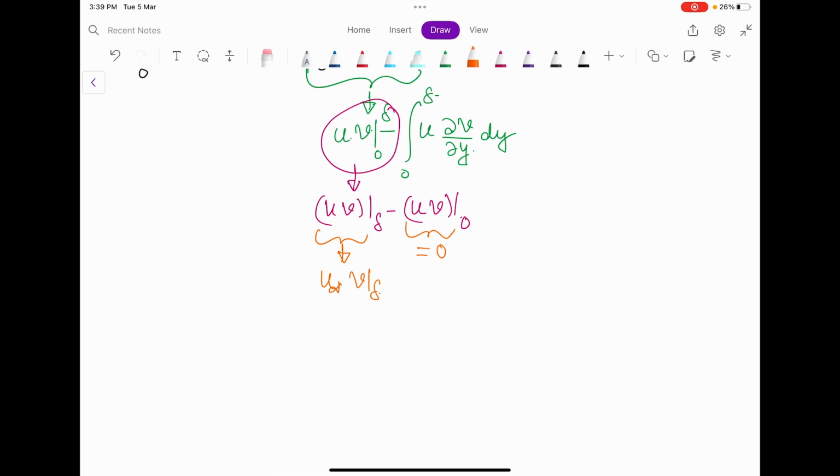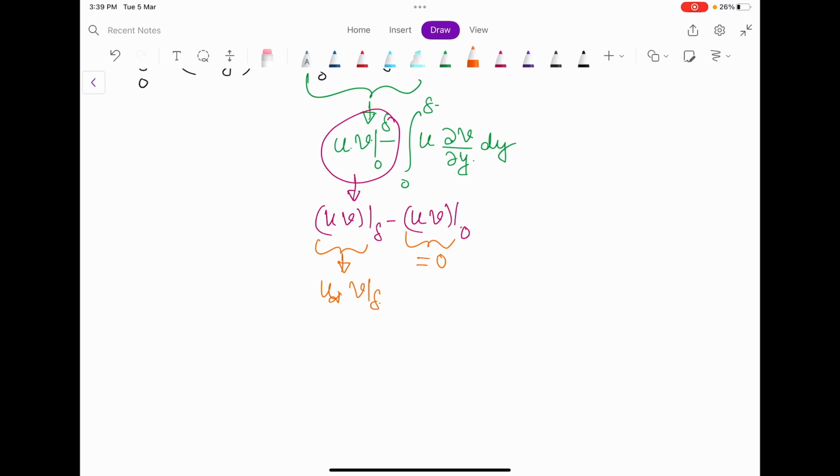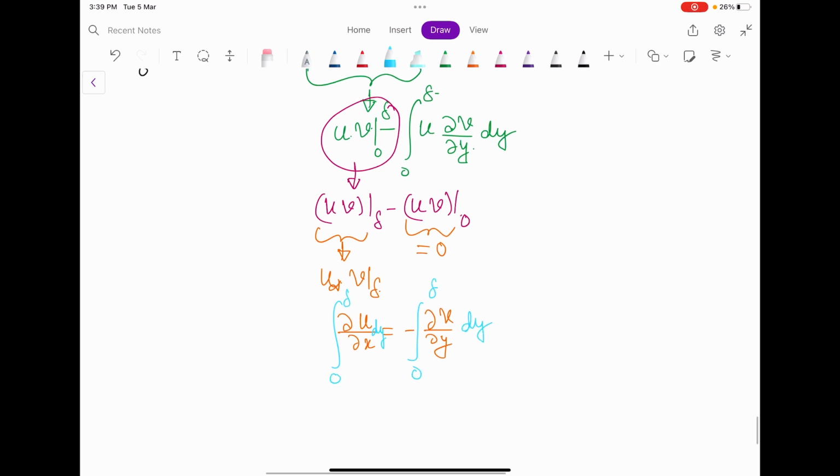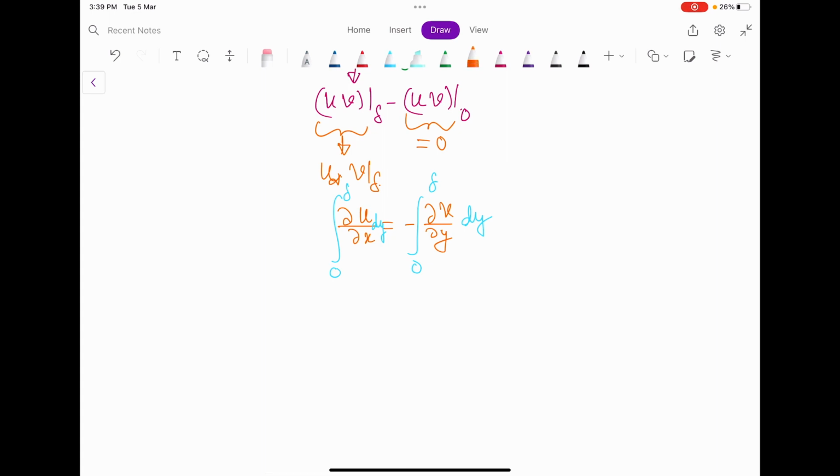Let us again go to the continuity equation. The continuity equation says that del u del x is equal to minus del v del y. Integrate this equation, similarly to what we have done with the momentum integral equation. Then we have del u del x with respect to y.